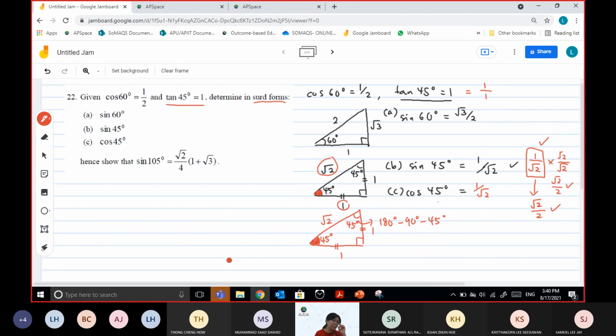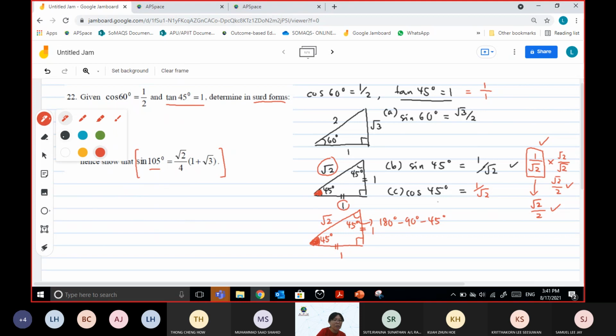Okay, so that's how we get A, B, C. Next is this part, where you are asked to show this one. For sine 105, we try to use what we have in the earlier part: sine 60, cos 60, tangent 45, sine 45, cos 45. So how do we apply all this to show the last part?